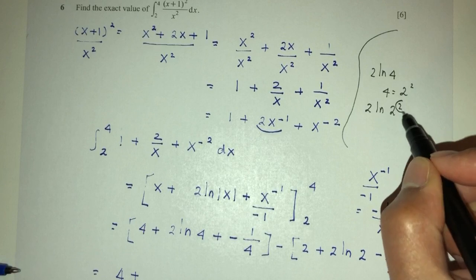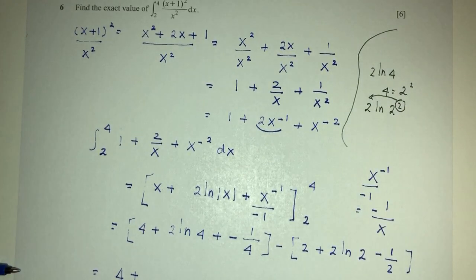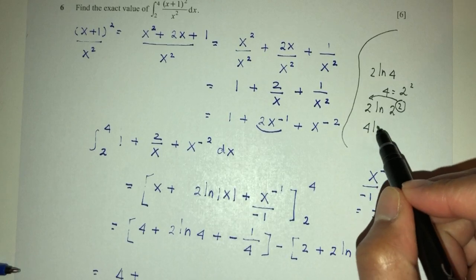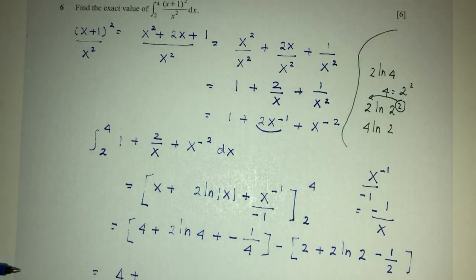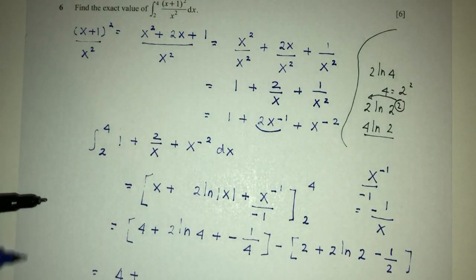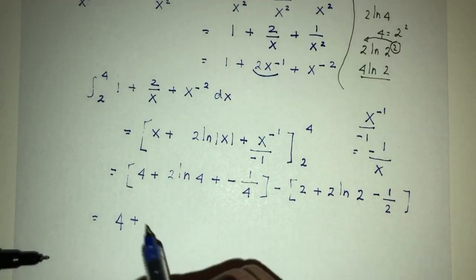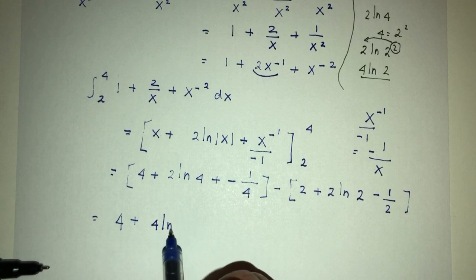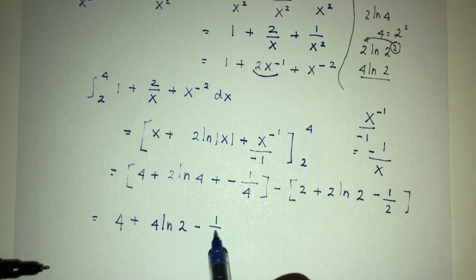Now, the power can be sent to the beginning, right? So 2 times 2 will be 4 ln of 2. So this will become 4 ln of 2 minus 1 over 4.